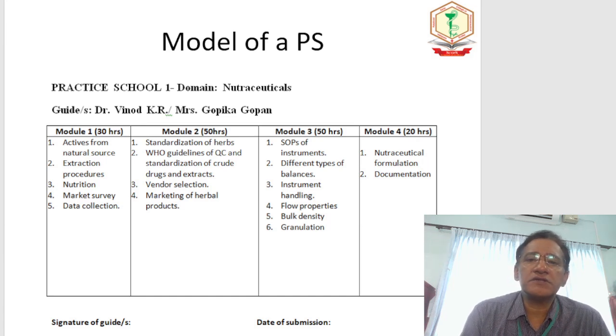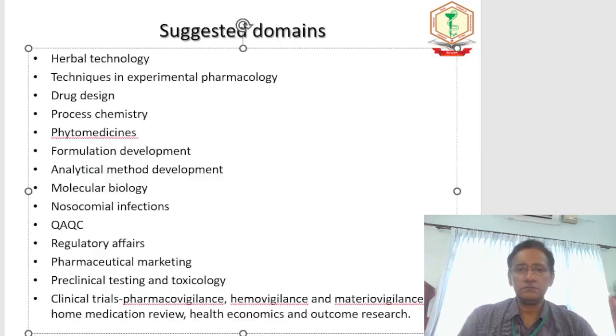On an average basis, yes, 4 is okay. Even there is nothing wrong in reducing to 3 modules, and for each module, considering the total investment of time, we can consider how much time can be allotted. So here we can see 30 plus 50 plus 50 plus 20, total it became 150 hours.